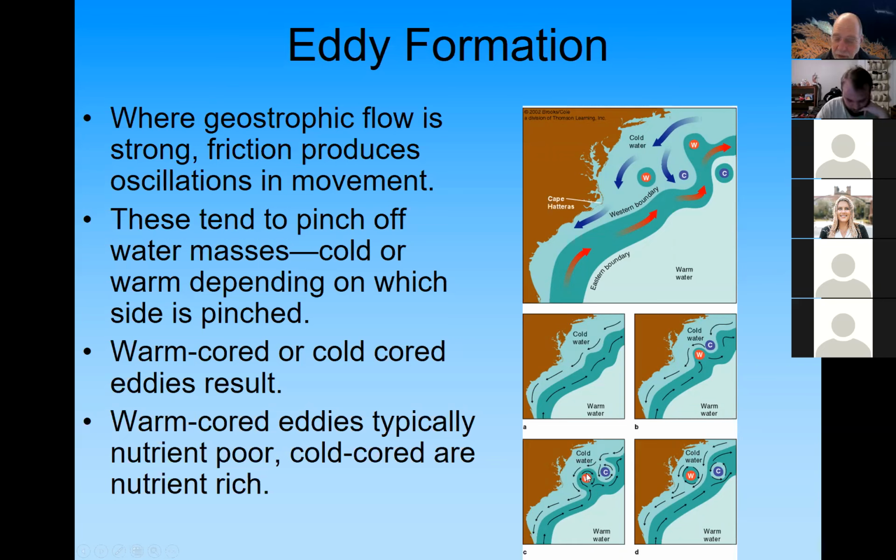And as it does so, the Coriolis effect is going to deflect it to the right. So you're going to get a clockwise flowing warm core eddy. The opposite occurs if you pinch off a mass of this cold coastal water and surround it with the warm Gulf Stream water. Then you have a cold core eddy. In a cold core eddy, the center of the eddy is lower than the surrounding water because it's colder.